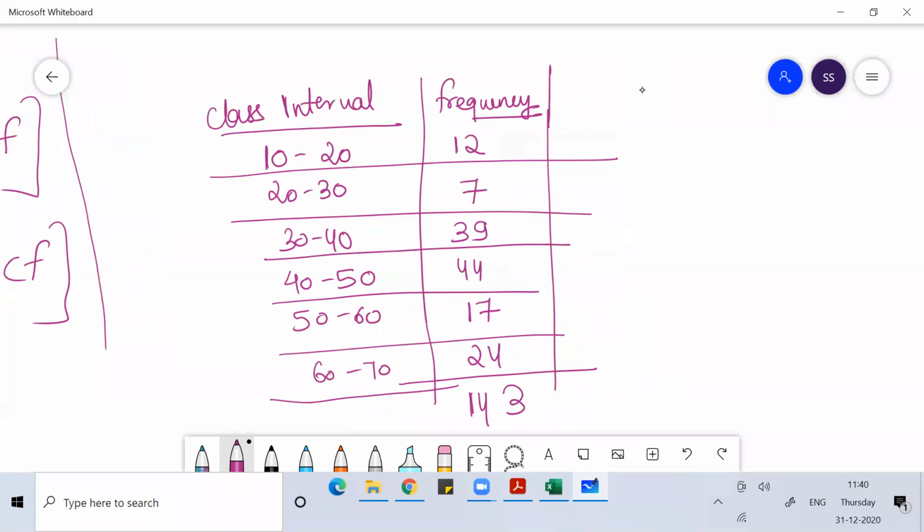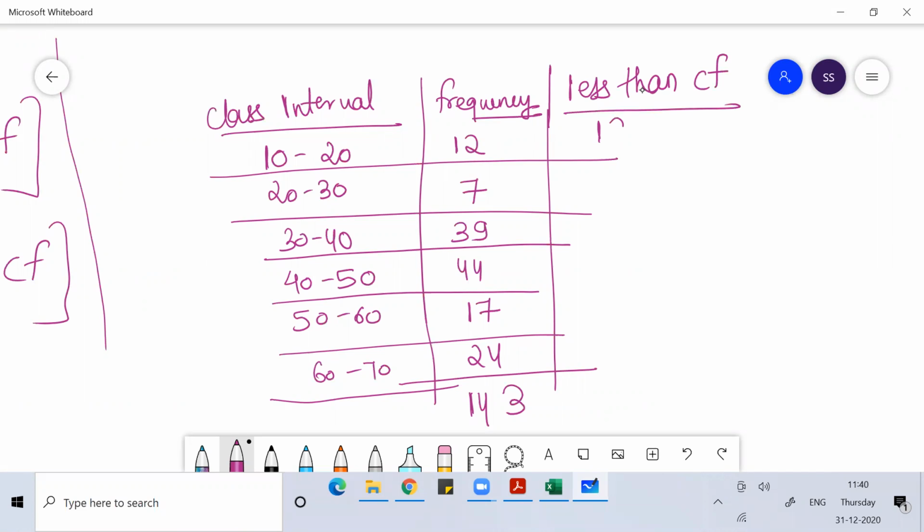Whenever you solve problems related to median, quartile, decile, percentile, mean, median, mode, anything, you have to make sure the class interval is continuous. Yes, they are continuous, no problem. So I'll write directly the less than cumulative frequency.